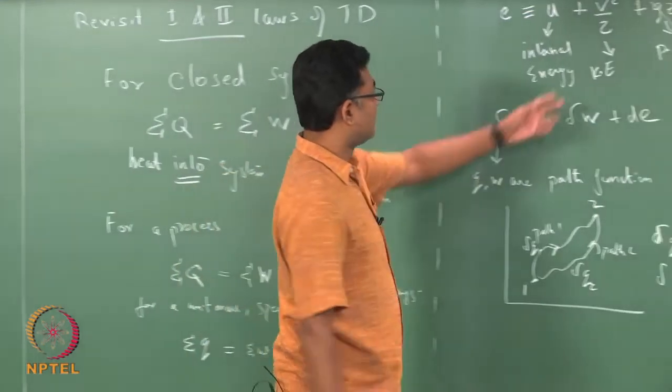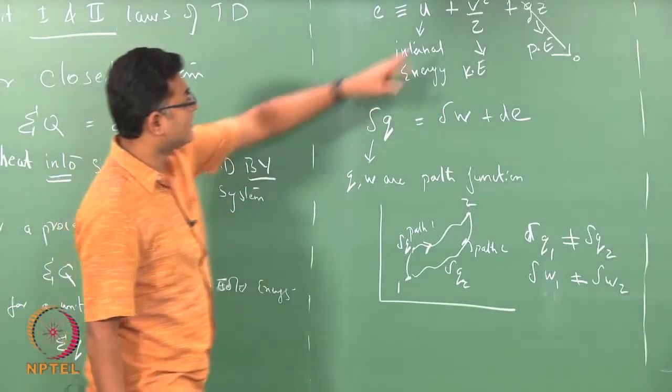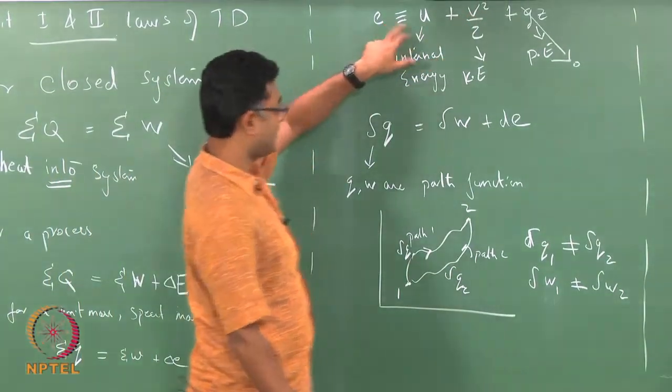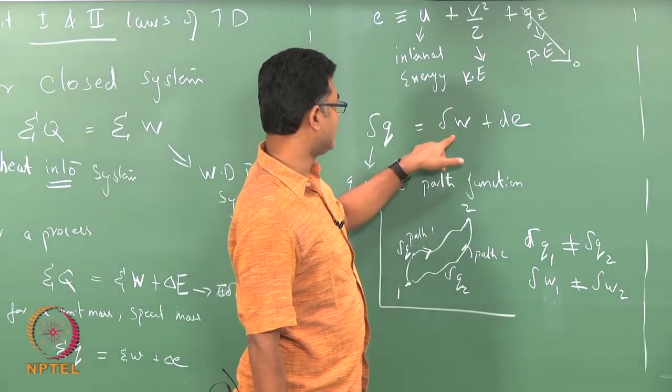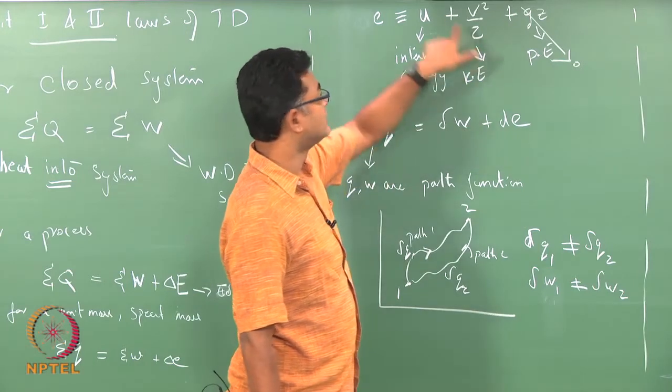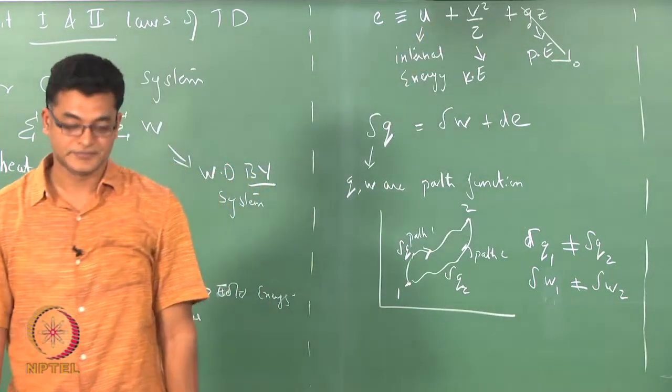If the process is stationary, obviously V is 0, so your energy is just U. So, your delta Q is delta W plus dU. Fine.